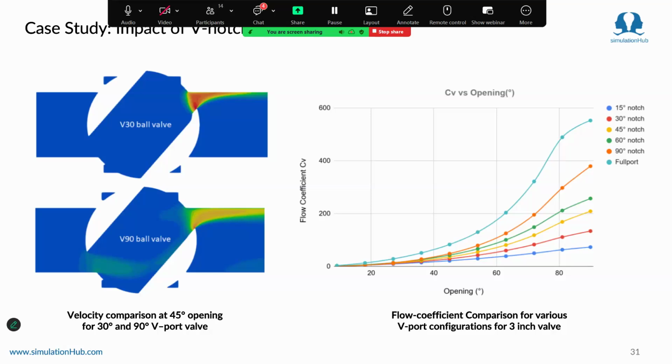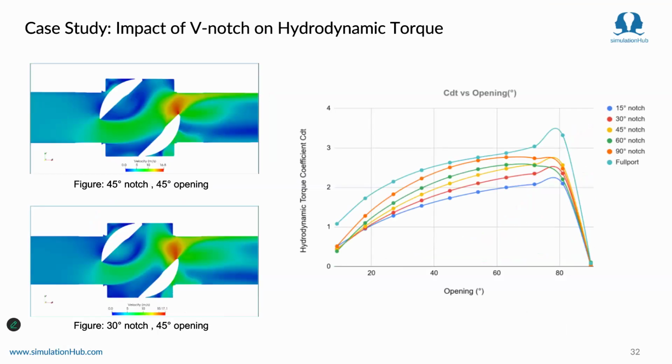The next impact that we have studied is the hydrodynamic torque coefficient in the valves. So again, it's for the same 3-inch valve, and we have checked the torque coefficient from 15 degree notch to the full port condition, and we observed a very interesting pattern, that with lower notch angle, you require a lower torque to operate these valves, and that's where the V notch can come into play.